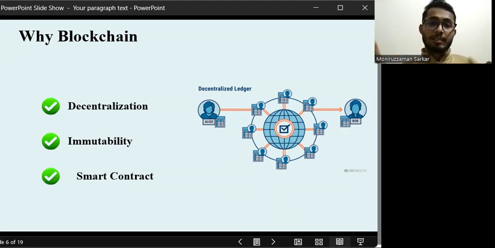That means the system is not controlled by a single person. It is controlled from several locations and by several persons. Immutability means that if any change occurs in the system, or if any worker updates anything, other workers will not be able to change it. And smart contracts ensure the rules and agreements.